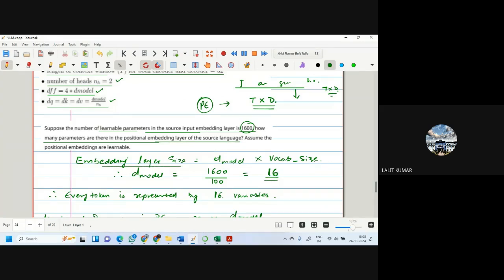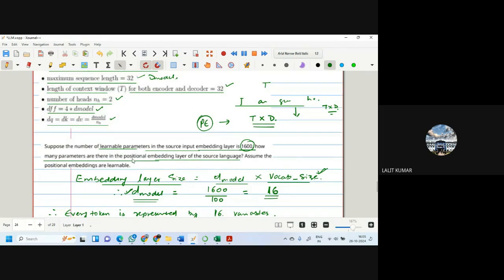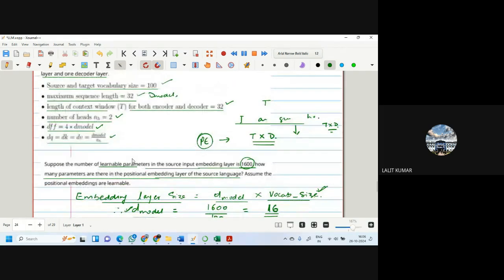D model into vocab size. This we had covered during the revision. So from here we can find D model: D model is equal to embedding layer size divided by the vocab size.